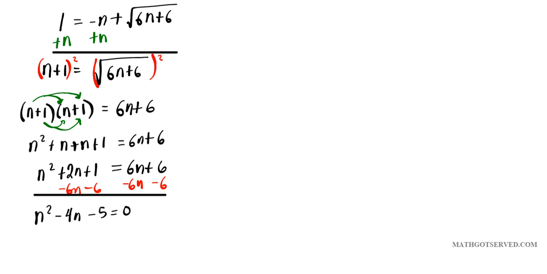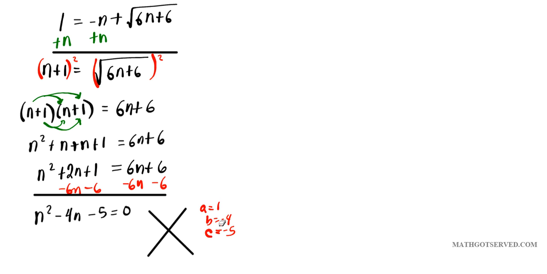So what do we have now? This is a quadratic equation in standard form, so we can go ahead and solve either by factoring or using the quadratic formula. In this problem, we have a is 1, b is negative 4, and c is negative 5. We're going to use the AC method and hope it works.